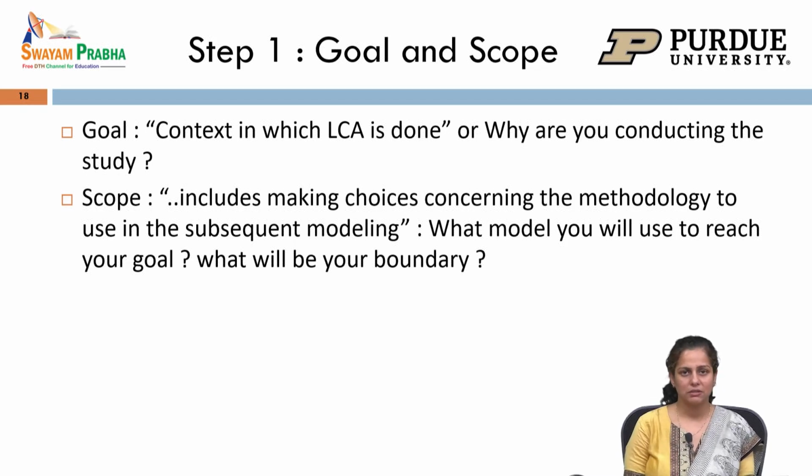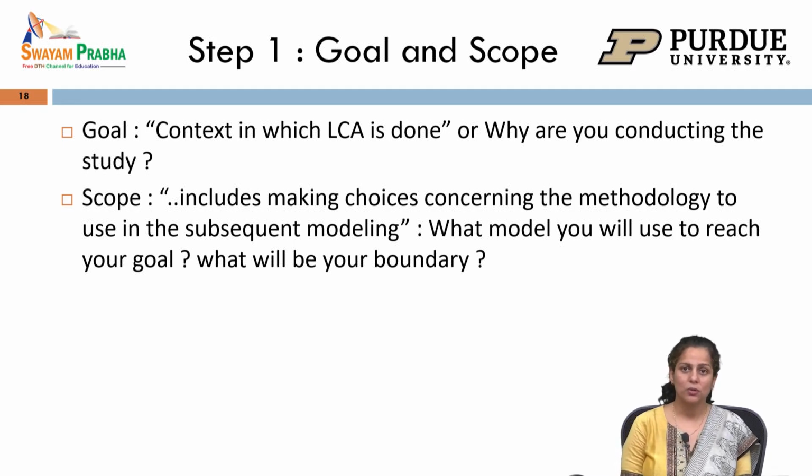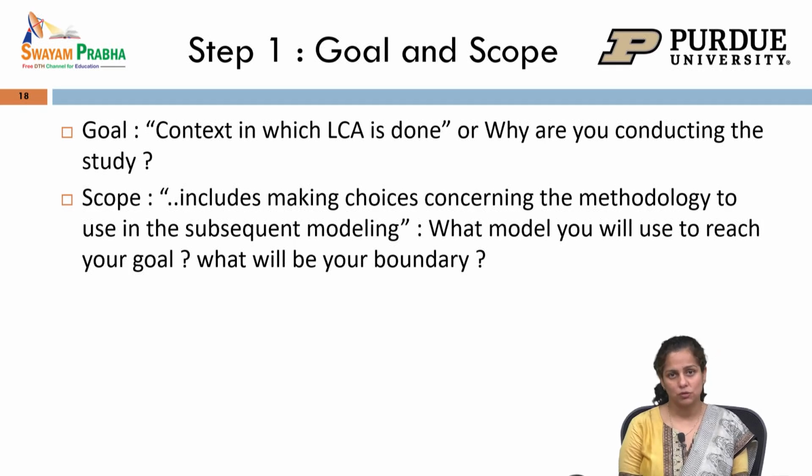That makes a difference to the modeling that you are going to use down the line. It can also be that you are going to set up a geographic boundary, which is the scoping of your LCA. So, you are only going to focus on a specific geography. Let us say we are talking about country A, where country A is using a technology that is based on renewable energy, while country B is using a technology that is based on fossil energy. That determines the scope of your LCA.